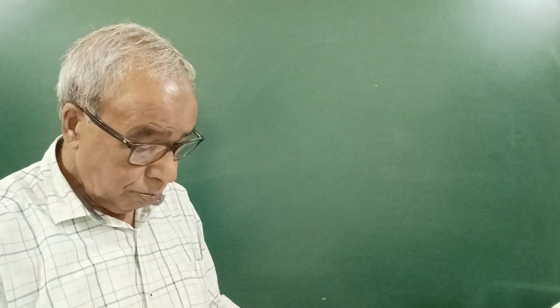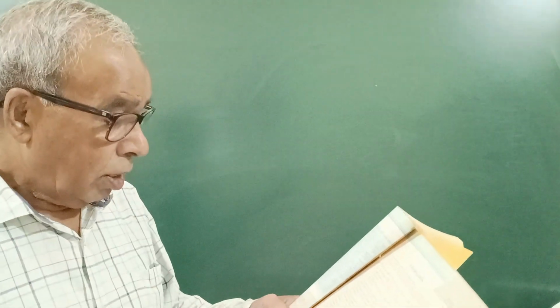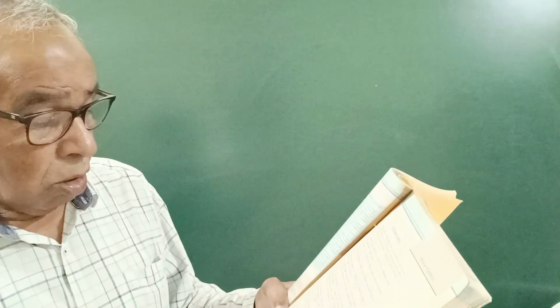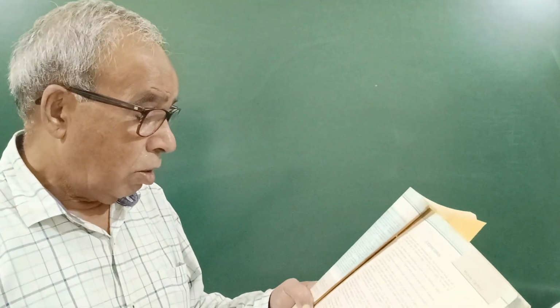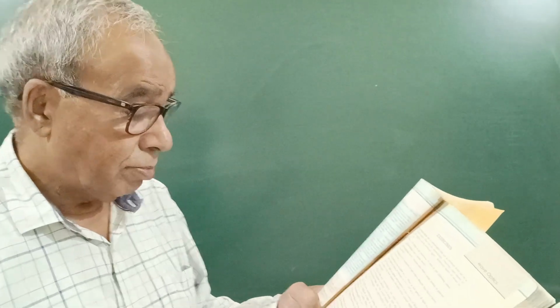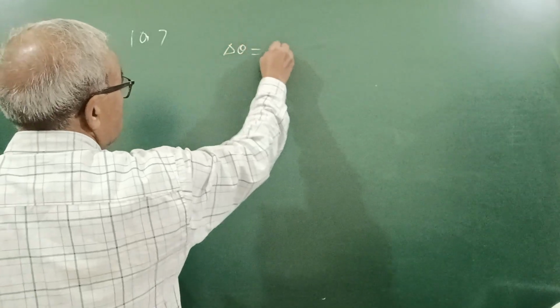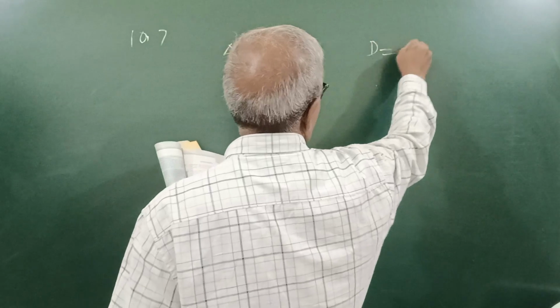Now 10.7. In double slit experiment, the angular width of fringe is found to be 0.2 degree on a screen 1 meter away. It is 10.7. Angular width delta theta 0.2 degree when D is 1 meter.